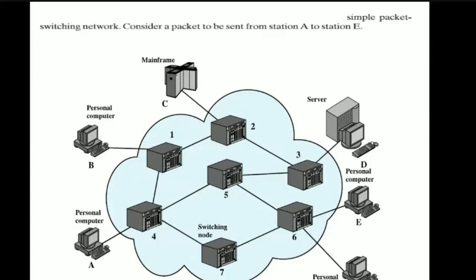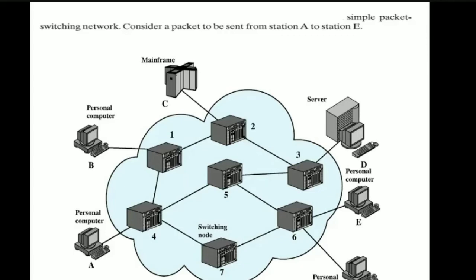Now let us consider a packet we want to send from station A again to station E. The packet which we want to send from A to E includes the control information that tells the internal switching nodes that the intended destination is the station E, right?